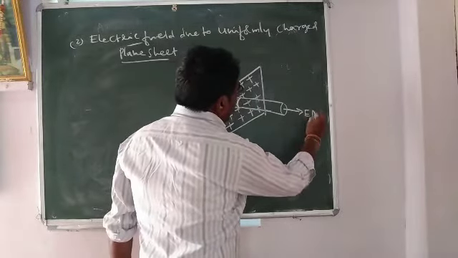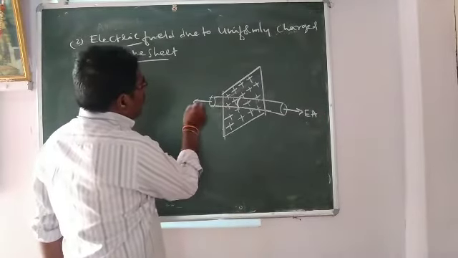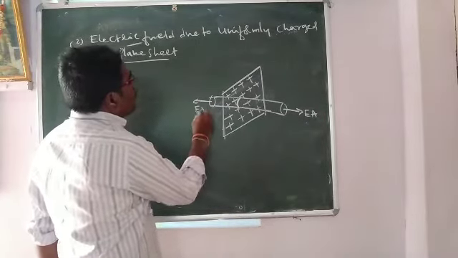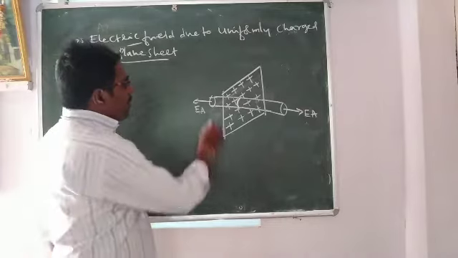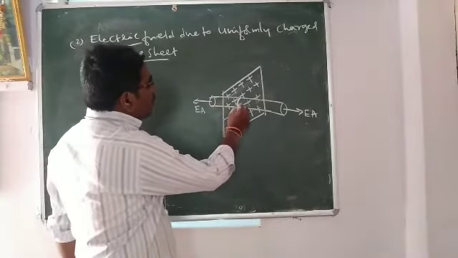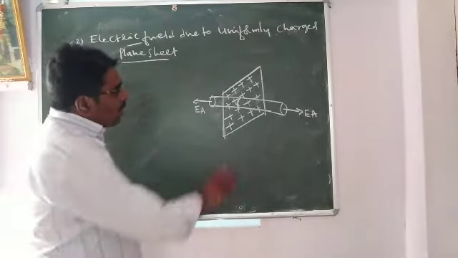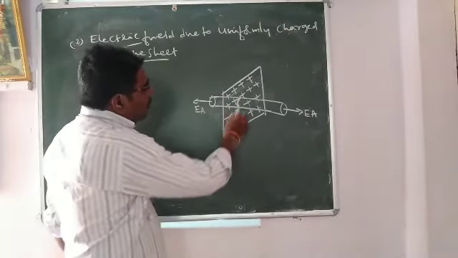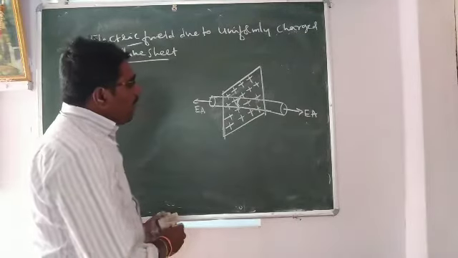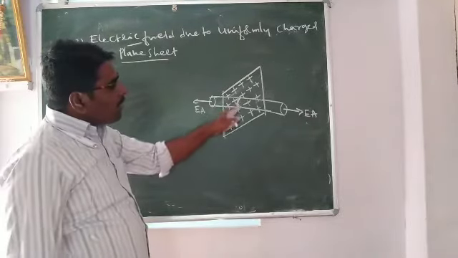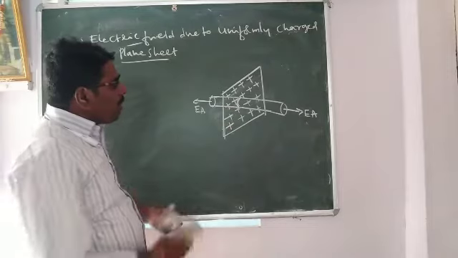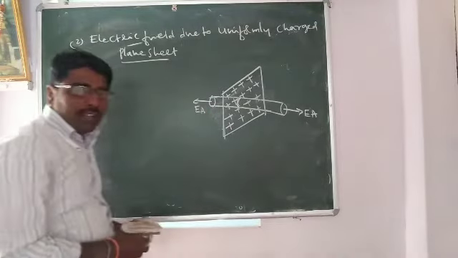In this imaginary cylindrical Gaussian surface, at the two end faces of the cylinder, the electric field is always normal to the uniformly charged plane sheet. Along the curved surface, the electric field is 0 because the electric field is perpendicular to the area element.